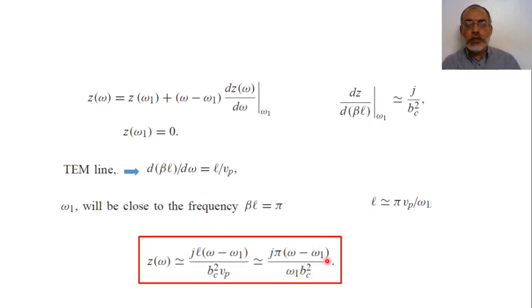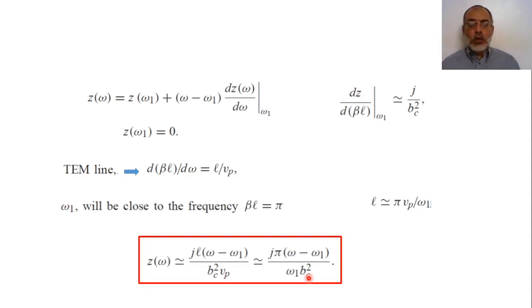And the remaining part is omega minus omega 1. This is actually the input impedance of the coupled resonator close to the resonant frequency omega 1. Z as a function of omega would be nearly j pi multiplied by (omega minus omega 1) over omega 1 BC squared, where BC is Z naught omega C.